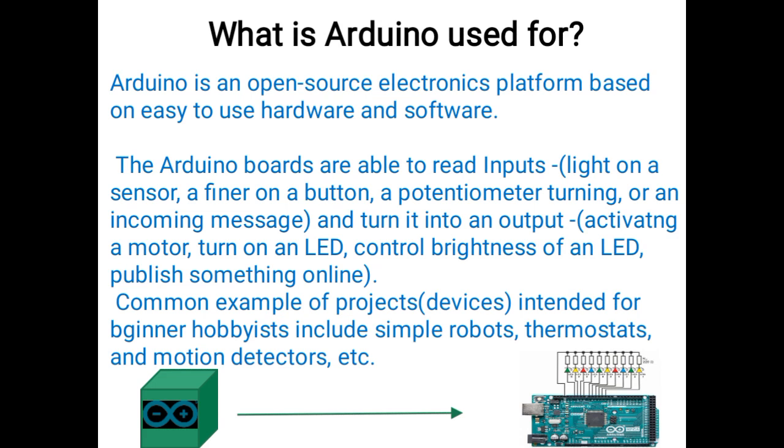These are common outputs that can be obtained from an Arduino board. Common examples of projects or devices intended for beginner hobbyists include simple robots, thermostats, and motion detectors. There are several things you can build with an Arduino.